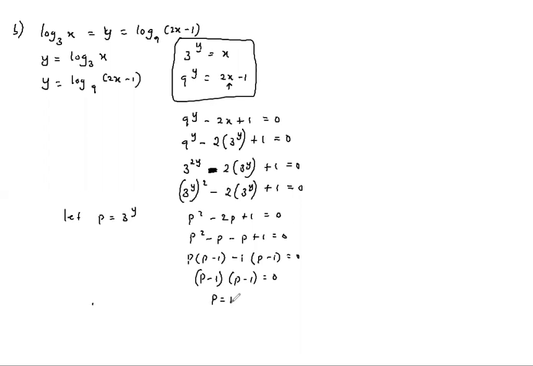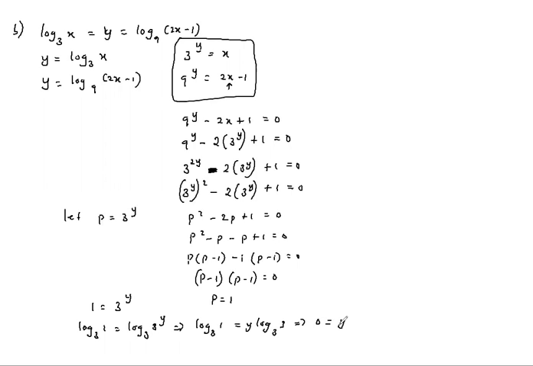So get back here and say 1 is equal to 3 to the power y. Applying log, we get log 1 is equal to y log 3. Now log 1 is 0, so we have 0 is equal to y.